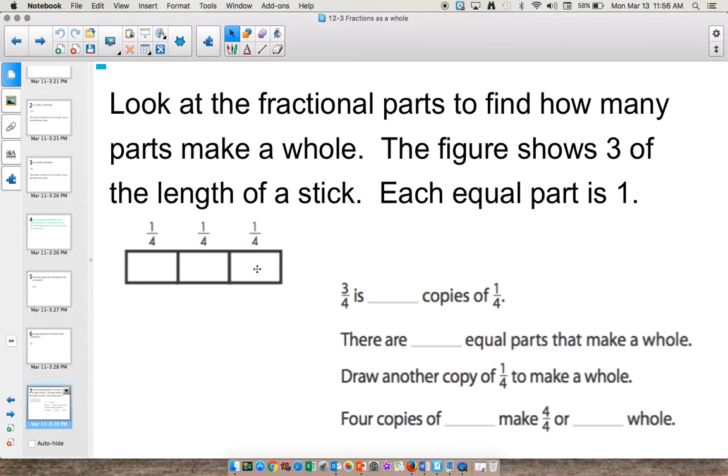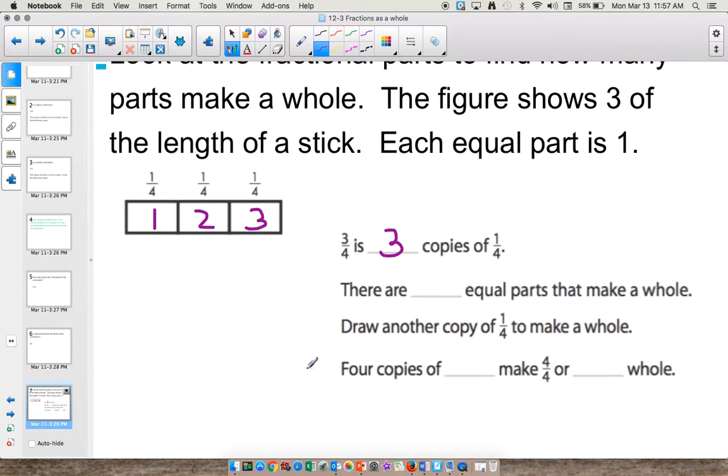And here's another 1 out of 4 pieces. So I know that 3/4 is blank copies of 1/4. So how many copies do I have? I have 1, 2, 3 copies. So I'm going to put a 3 right here because there are 3 pieces or 3 copies of 1/4.